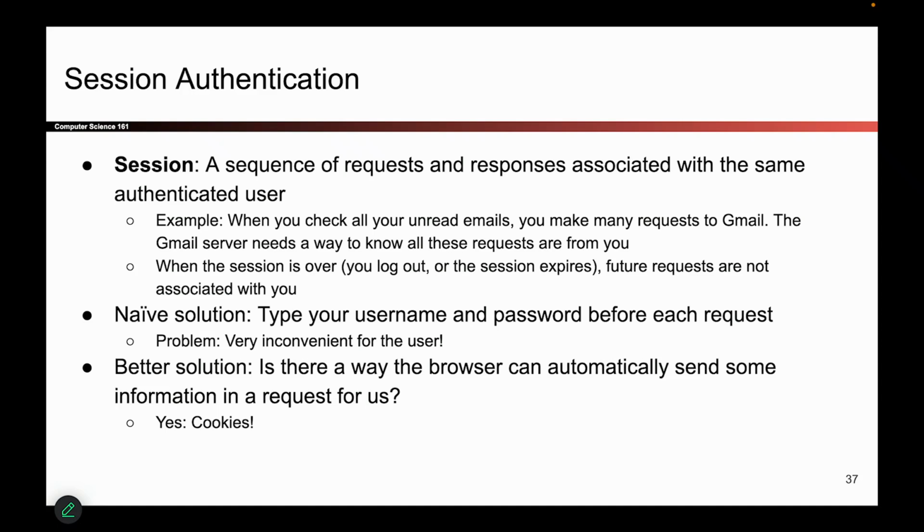And in fact, you could build a web server like this, where every request has to have a username and a password attached. So before sending an email, I type my username, I type my password, then I can send the email. Or if I want to read an email, I type my username and my password, and then I load the email.